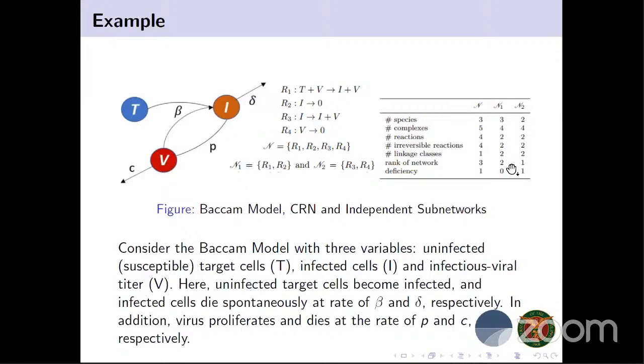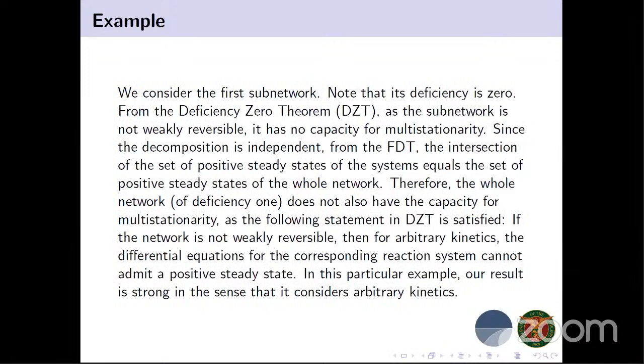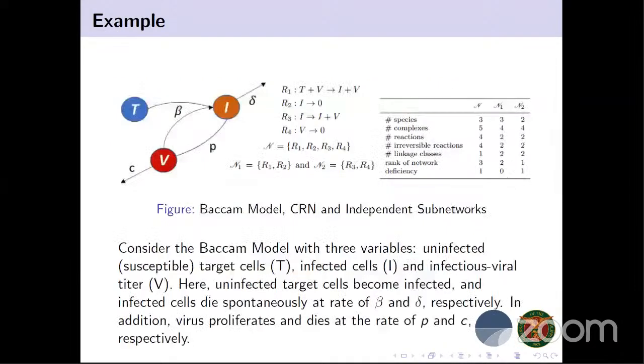So this will be, of course, an independent decomposition of the network. Okay. So this analysis will give us that this network does not have the capacity to admit multiple equilibria.